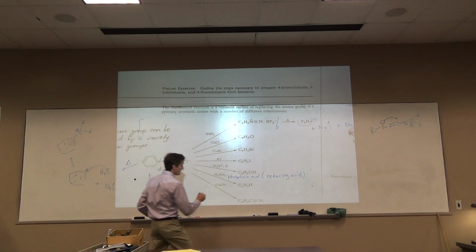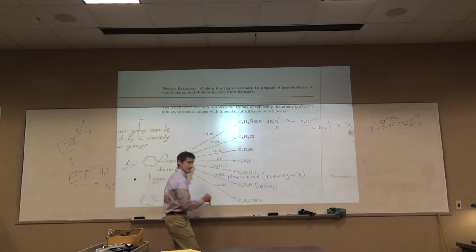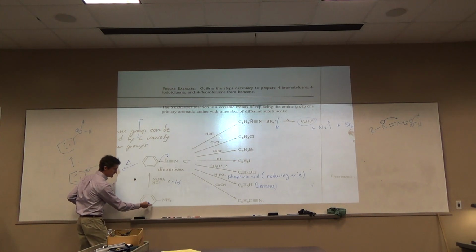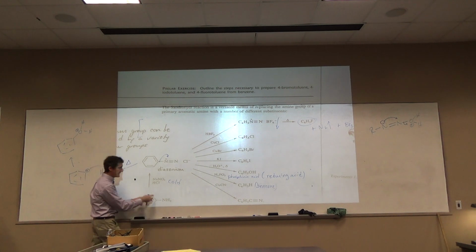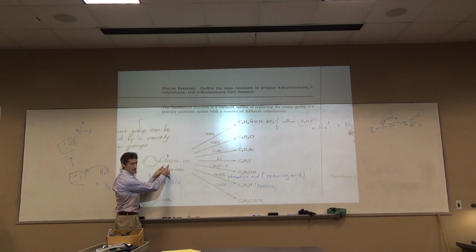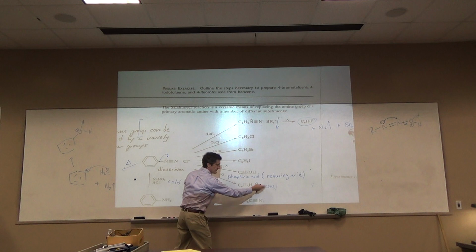So, we have a way to make benzene. Because that's just benzene. Here's how you make it. You take benzene and you nitrate it. Then you reduce the nitro group to the amine. Then you convert it to the diazonium. Then you come in here with hypophosphorous acid and you make benzene.